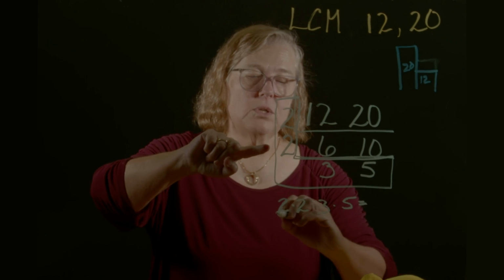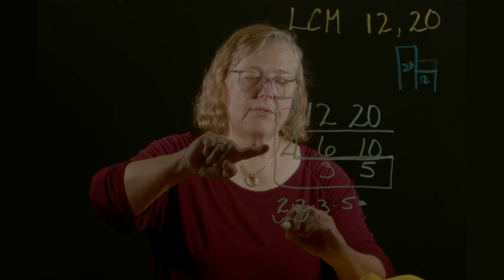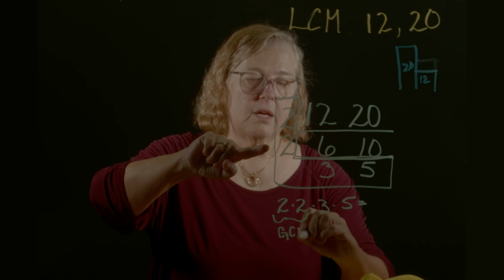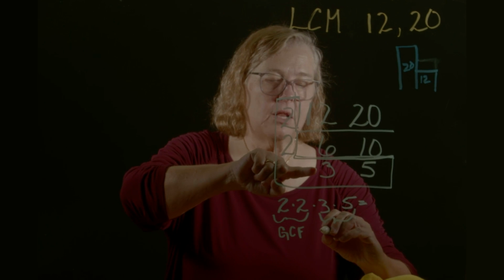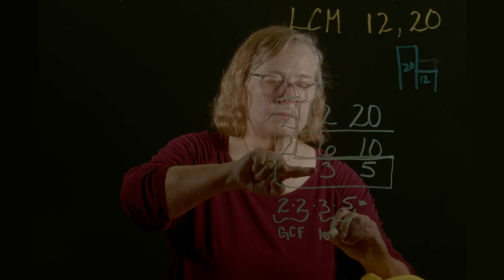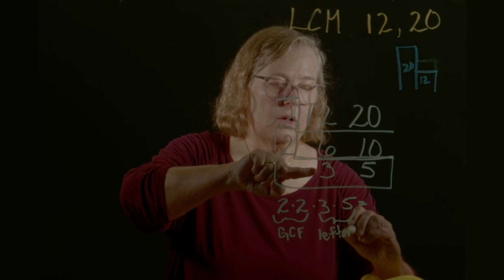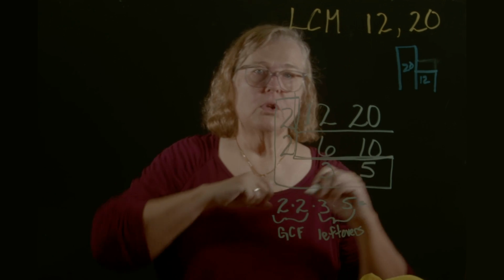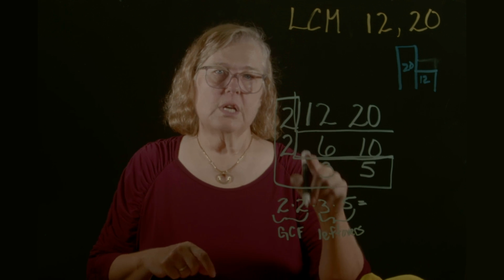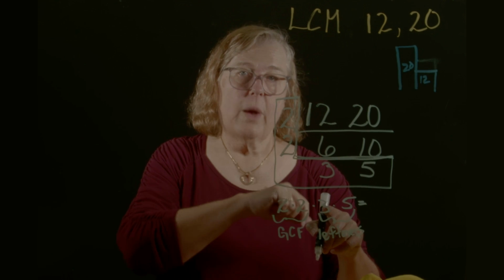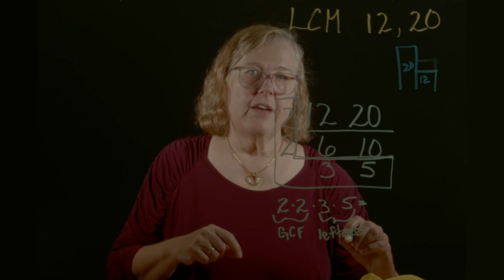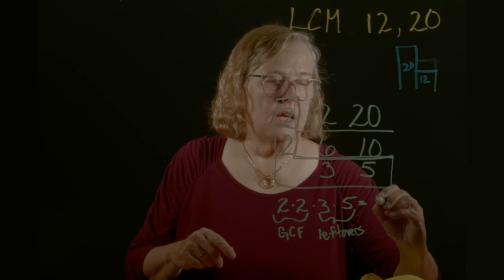So 2 times 2, remember this was our GCF. This is leftovers, like last night's meatloaf. And we multiply it all up. We get 2 times 2 is 4. 4 times 3 is 12. 12 times 5 is 60.